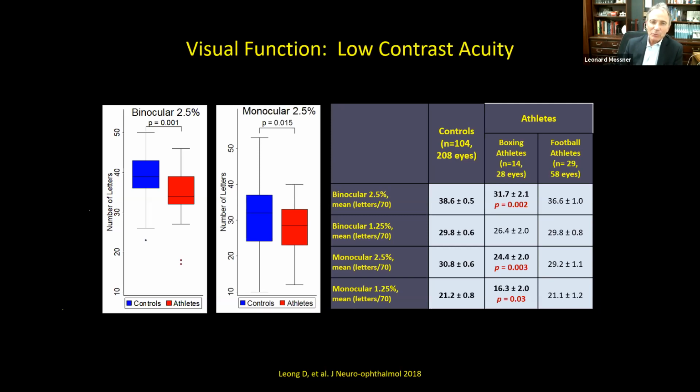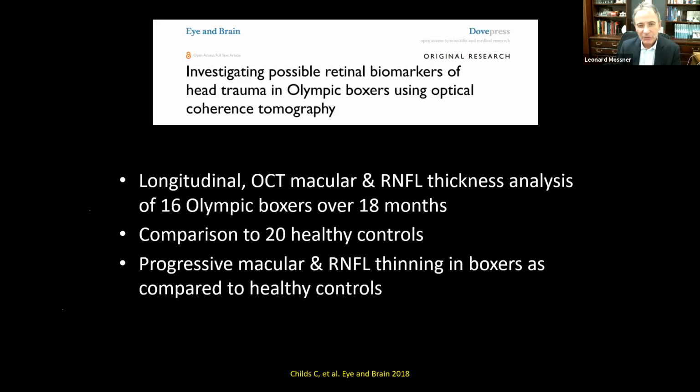Now, we published our results in 2018, and shortly thereafter, there was another very interesting study that was published out of the UK among Olympic boxers, and this was a longitudinal study where similarly they found thinning of both macular volume as well as retinal nerve fiber layer among the boxing cohort as opposed to otherwise age-matched healthy controls.